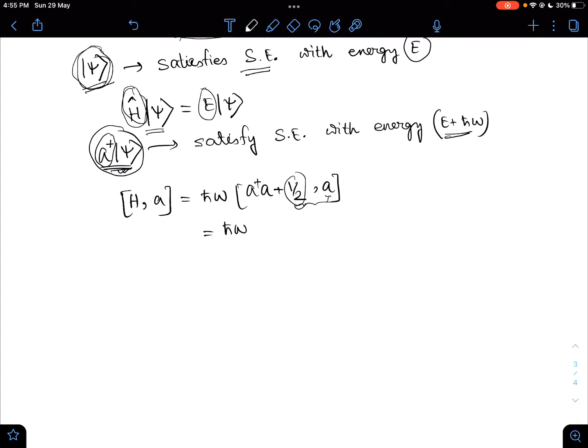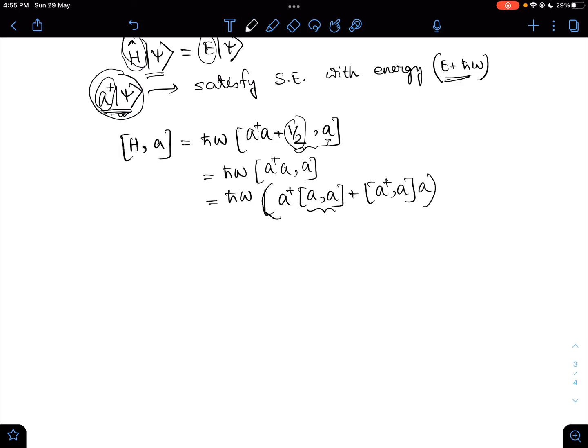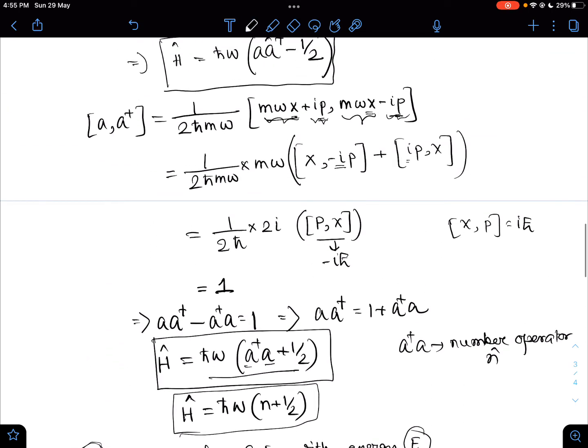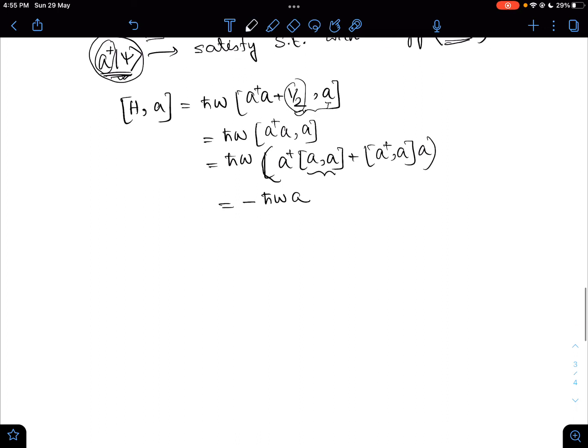So we have only our first commutation relation, A Dagger A with A. We have h cut omega, and we can write this as A Dagger commutation of A with A, plus commutation of A Dagger with A, product with A. The first term will be 0. So we have the commutation of A Dagger with A, which we know is minus 1. So we will have minus h cut omega A. This is our first commutation relation.